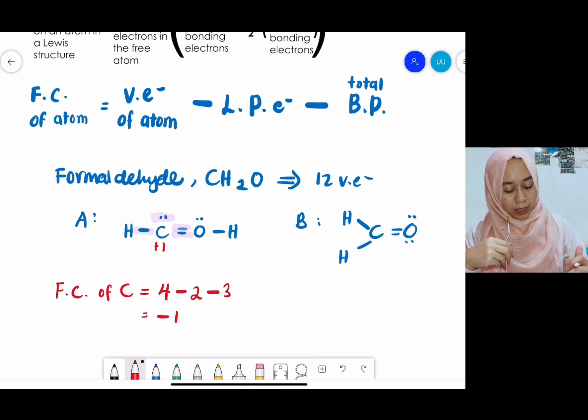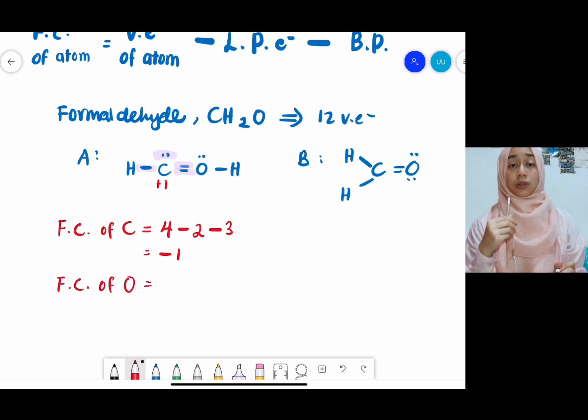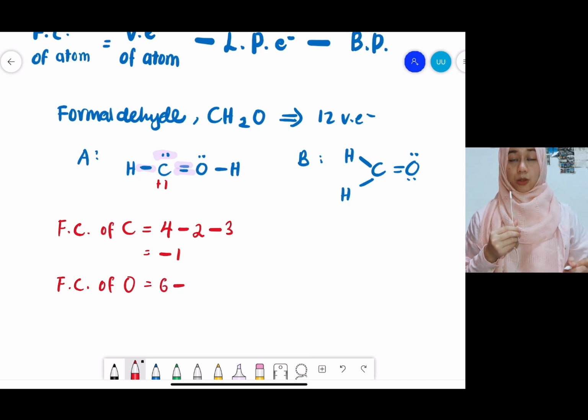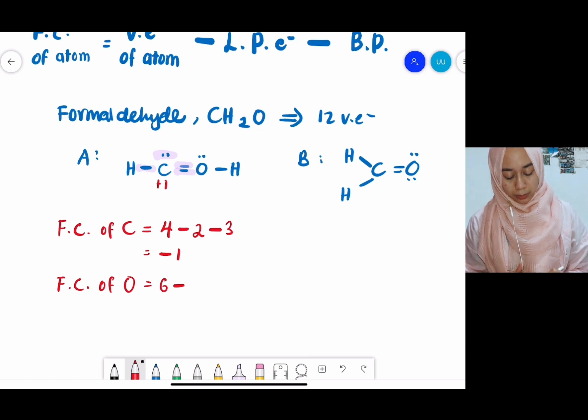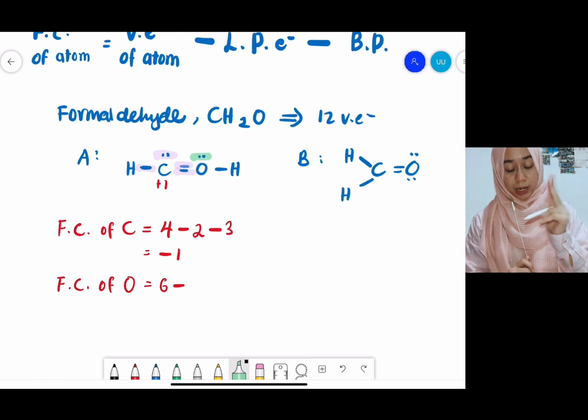Meanwhile formal charge untuk oksigen pula. So untuk oksigen, valence electron dia adalah sebanyak 6, and then kita tolak dengan lone pair electron. Lone pair electron, so dekat kita punya oksigen dia ada 1 sahaja lone pair. 1 lone pair bermaksud ada 2 elektron lah dekat situ.